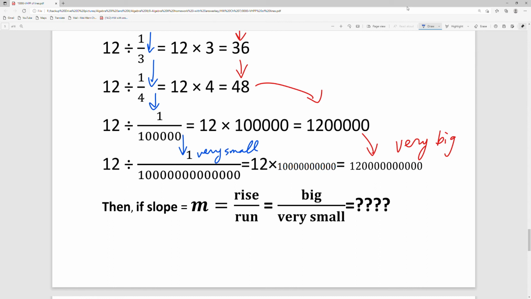So in the end, I want to tell you, if you have a big number divided by a very small, almost zero, what do you have? You have a very big, we say infinity. Okay? So if this is positive, then we say slope is positive, very big, infinite.